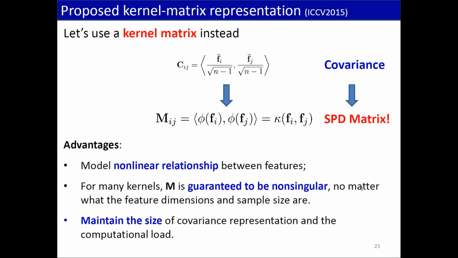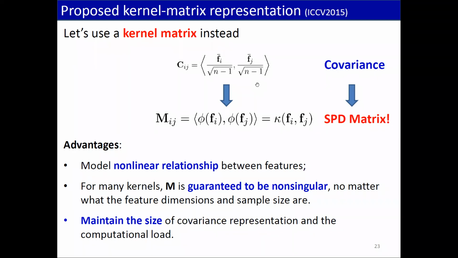So we propose, since this is a linear product that only models linear correlation, that we use the kernel trick to replace this inner product with a kernel function. So we move beyond the covariance matrix to a kernel matrix, and any kernel matrix is an SPD matrix.